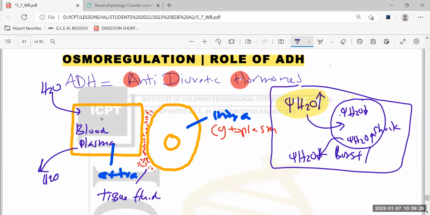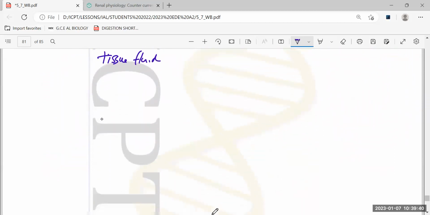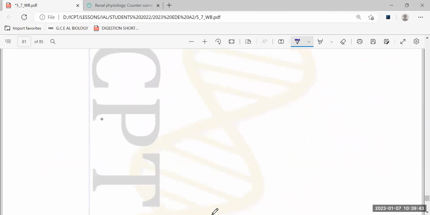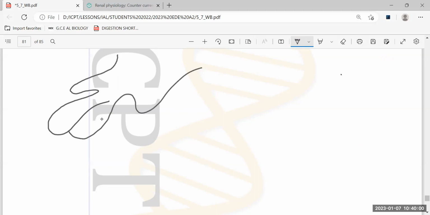Now we're going to learn how this mechanism takes place in the kidney. Okay, we start from the osmoregulatory center of the body. Where is the osmoregulatory center? Again, we can find it in the hypothalamus and pituitary area, right?